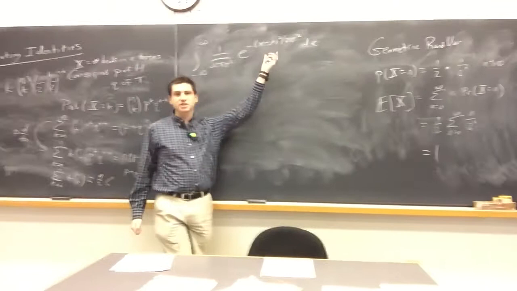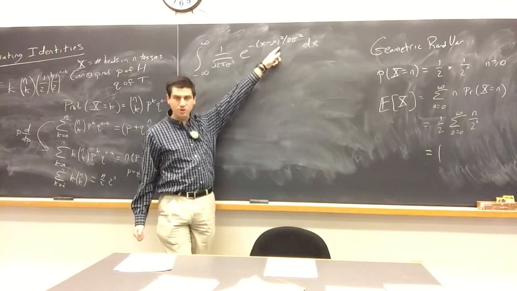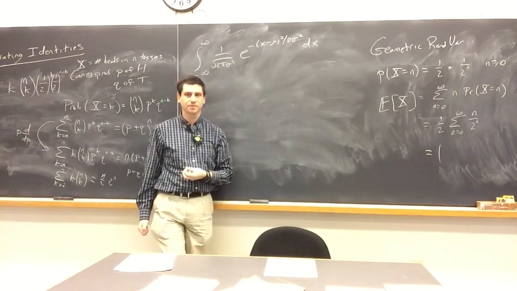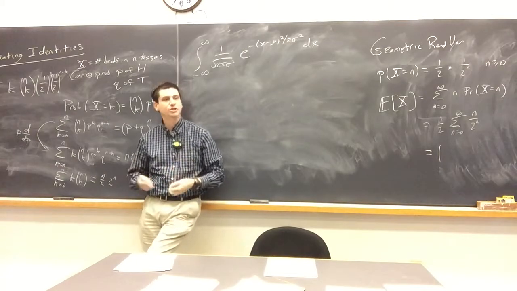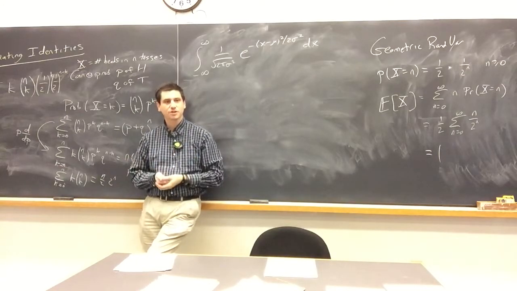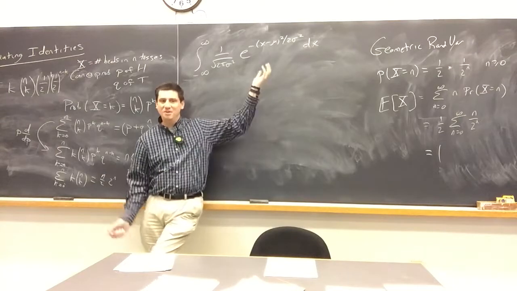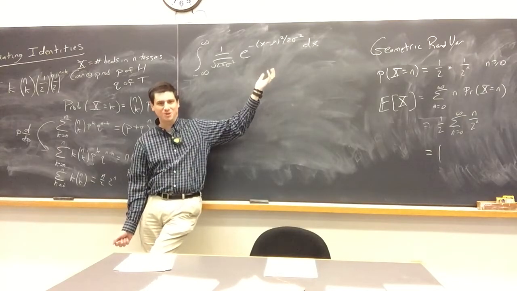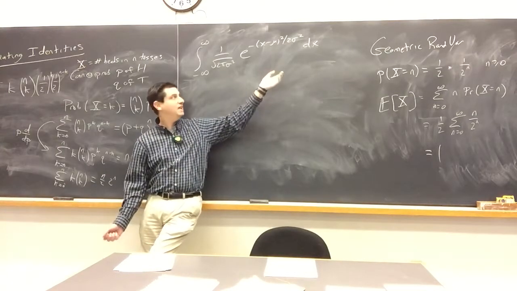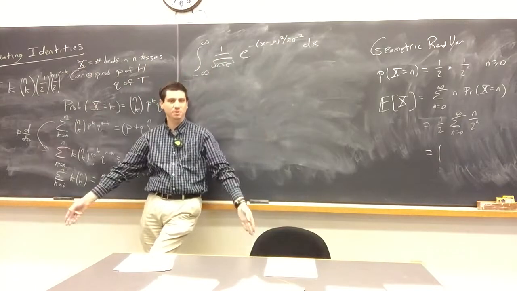This is the probability density function of a normal with mean mu and variance sigma squared. And we want to calculate things such as, what's the mean, what's the variance. What do you think the mean is of this Gaussian? Mu, right? Based on the fact that I'm writing it as x minus mu, it seems likely that it's mu. And if you think about it, things are symmetric about mu.